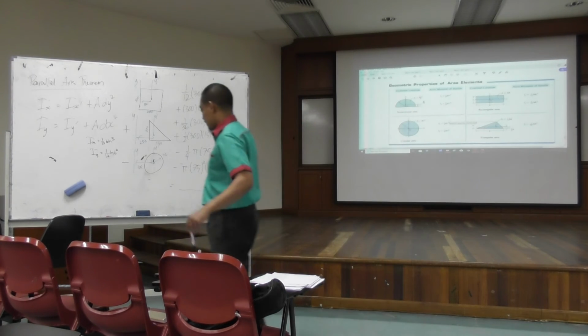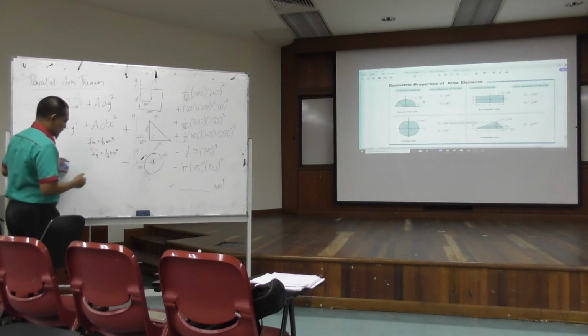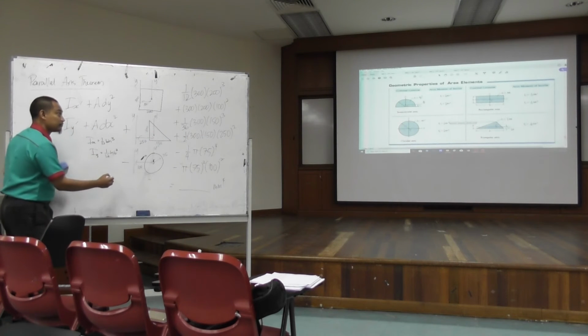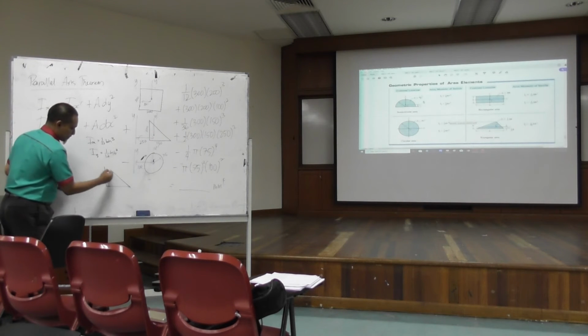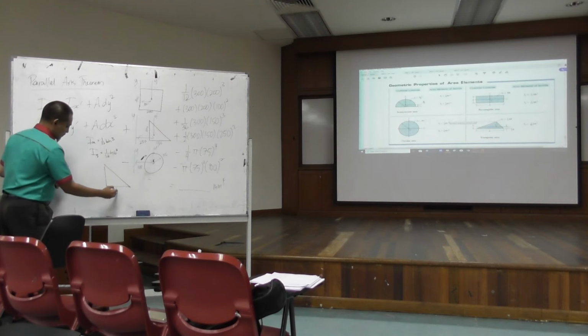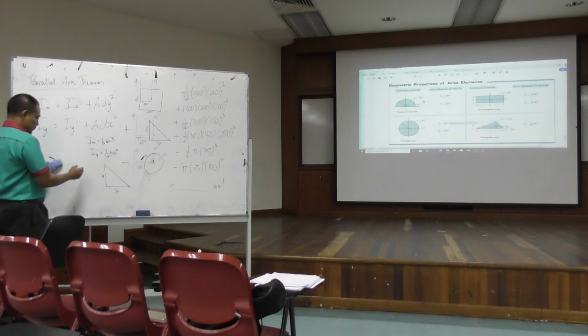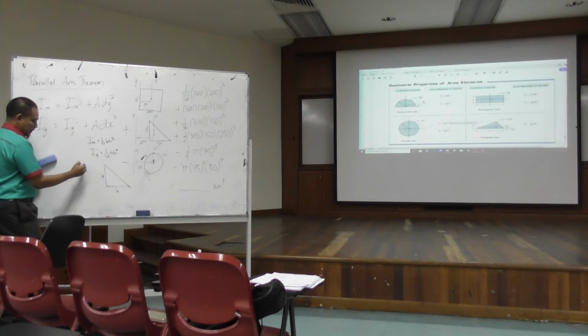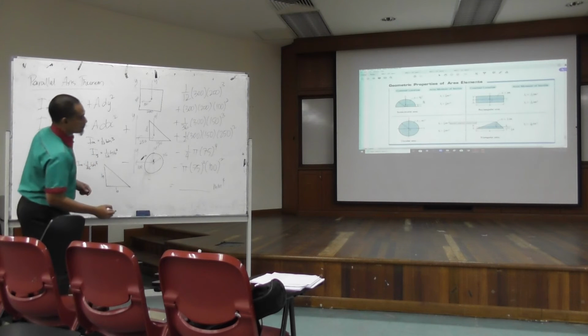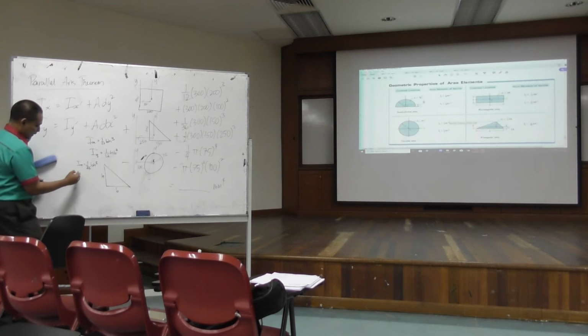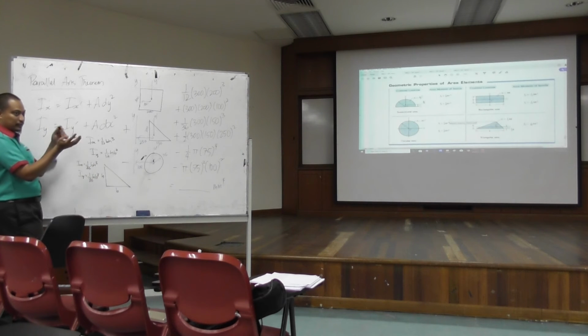If you have a right angle triangle, and this is B, this is H, in this case Ix will be 1/36 BH cube, and Iy will be 1/36 HB cube, because it's just rotated like that.